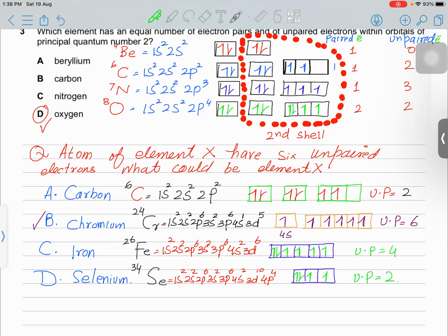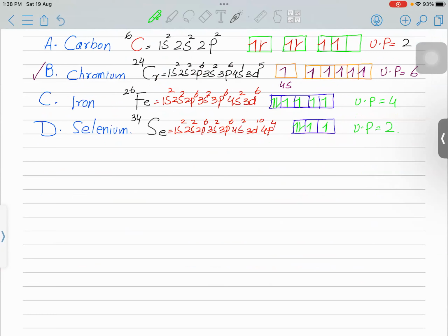We are near to finishing this chapter. Do you have any question about the orbital filling diagram? No, sir, I don't. Okay.